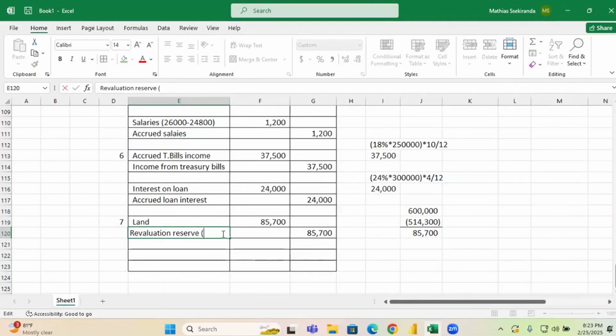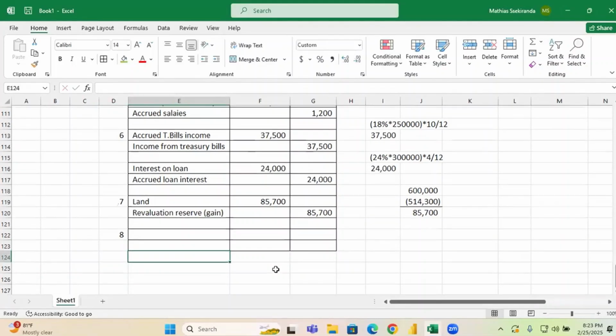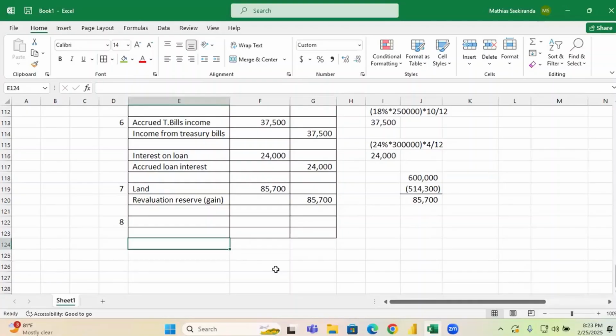You can put gain in brackets, because there is an increase. So land is increasing from 514,300 to 600. We debit land to the new value, and then we credit revaluation reserve.